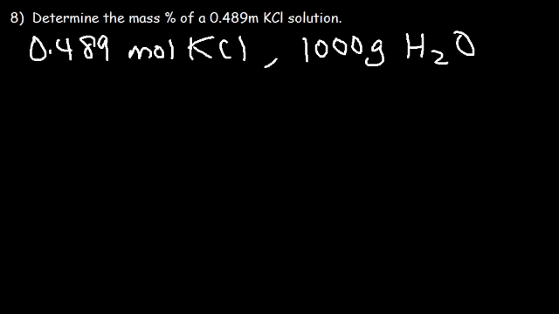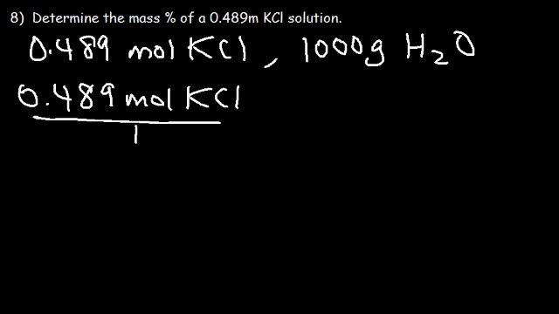So we need to find the grams of solute and the grams of solution. We already have the grams of solvent. So let's find the grams of solute. So let's convert 0.489 moles of KCl into grams. So the molar mass of KCl, for K is about 39.1, for Cl it's 35.45, according to the periodic table.